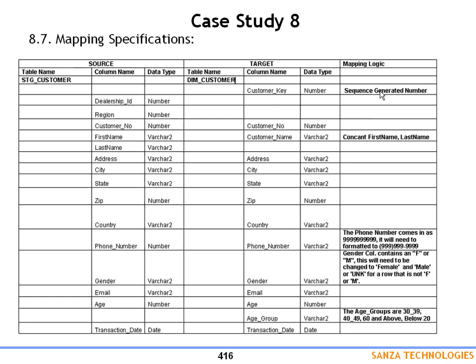So you have to extract the data from customer table and load the data into dimension customer table. You have to concatenate the first name, last name, reformat the phone number, gender if it is F, put it as female, M is male, or U, unknown. Then age is your age group.